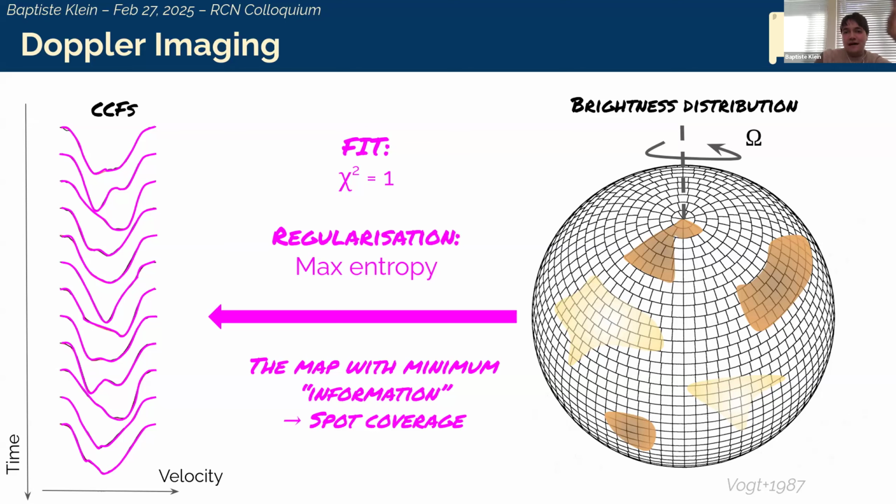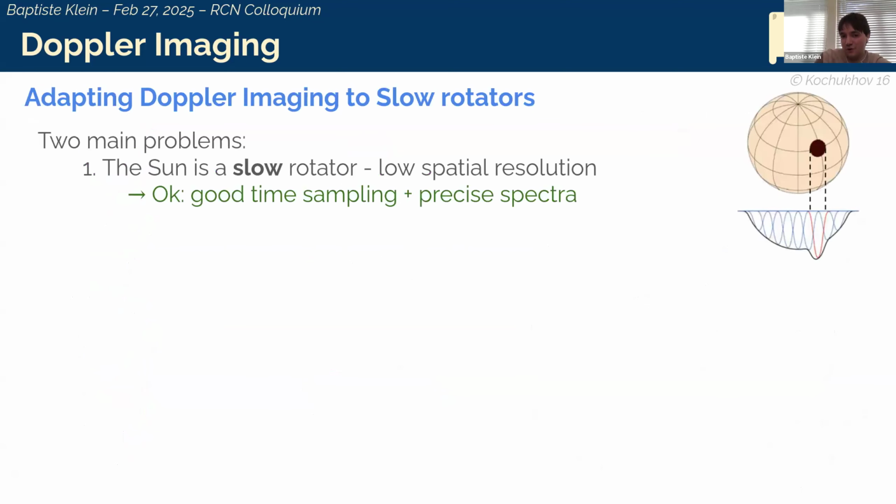Okay, so as I told you, this method works well when the stars rotate fast, and it has not been applied to sun-like stars because there are some problems there. I'm going to talk about that briefly. When the star is very active, it generally means that the star rotates relatively fast.